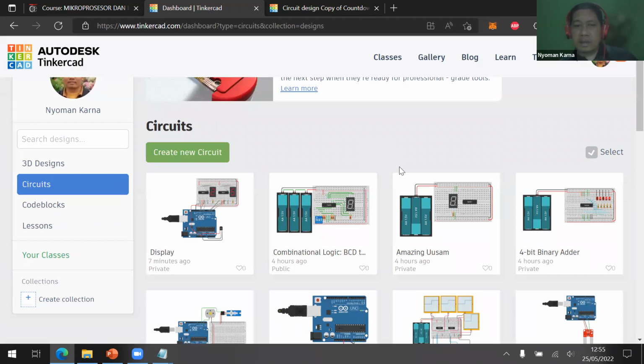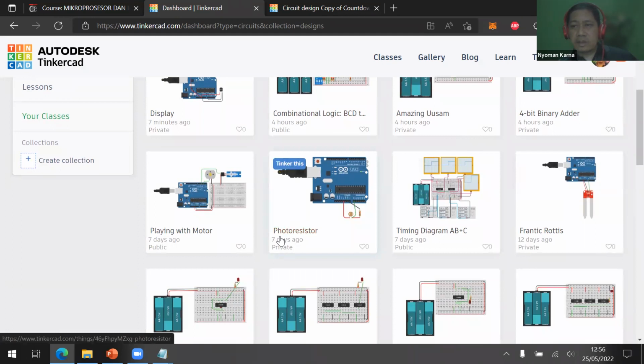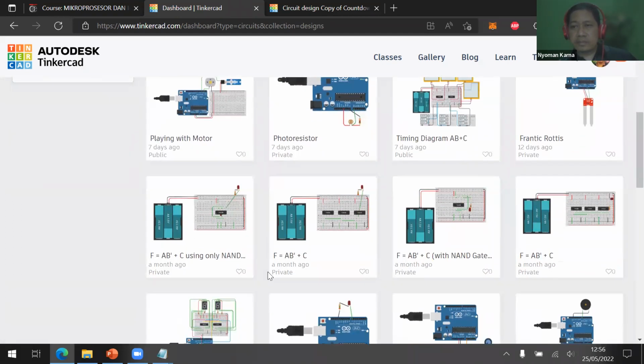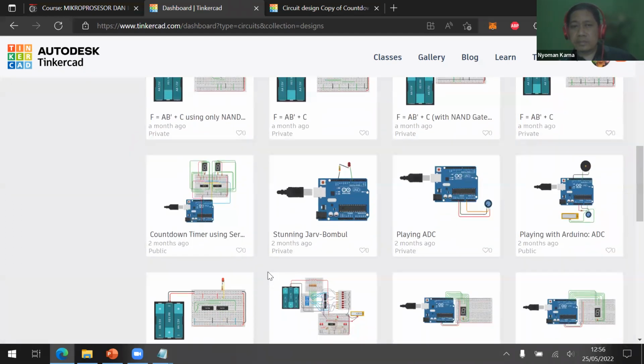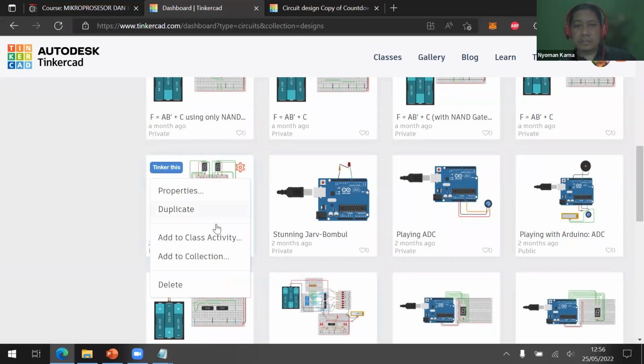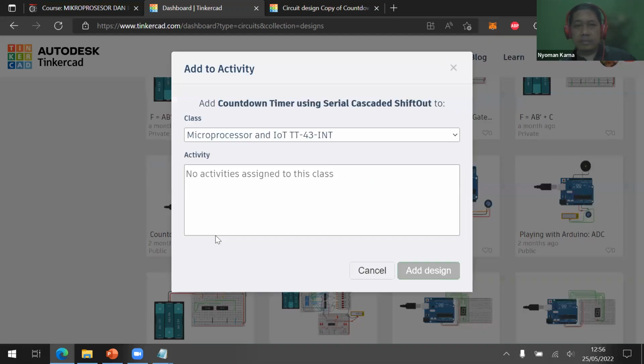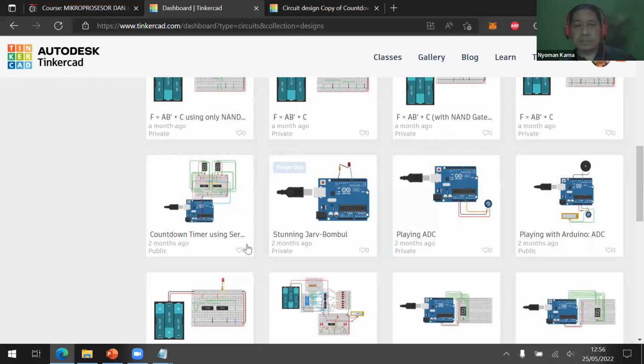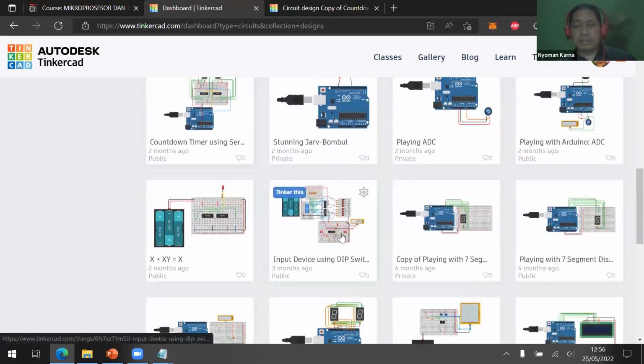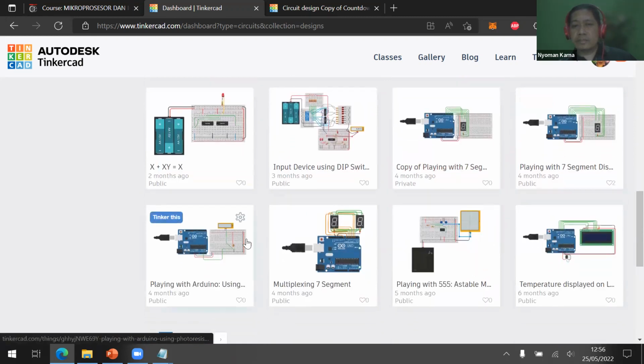Okay, and then I believe you also need this one, multiplexing.